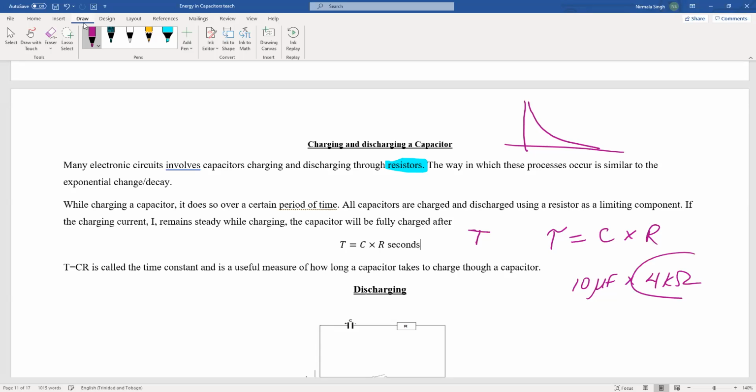Usually resistors are large, not small, because we want our capacitor to take some time to charge and to discharge properly. We don't want just power on and power off, because then it's not going to act as a short-term battery.